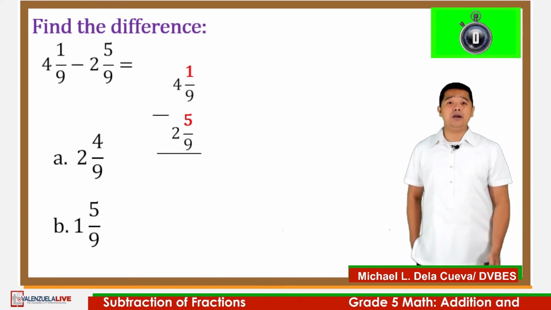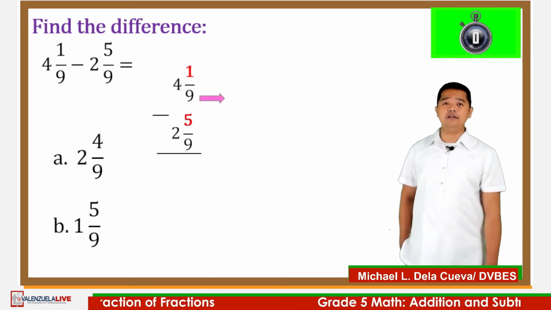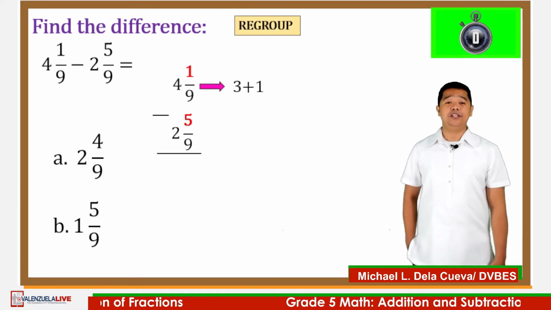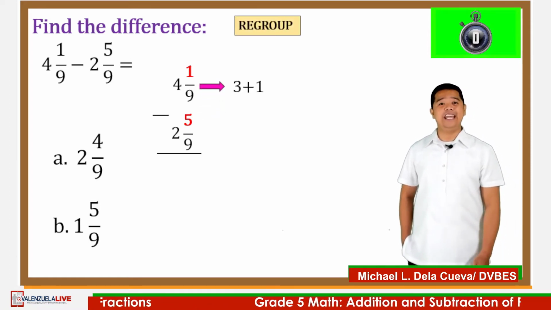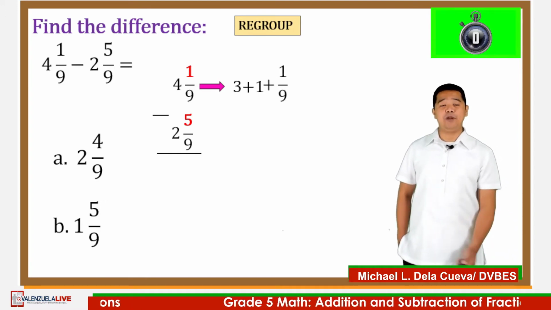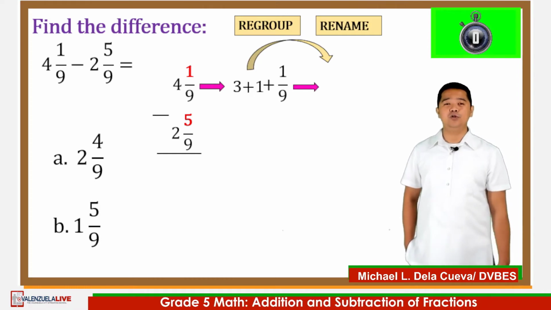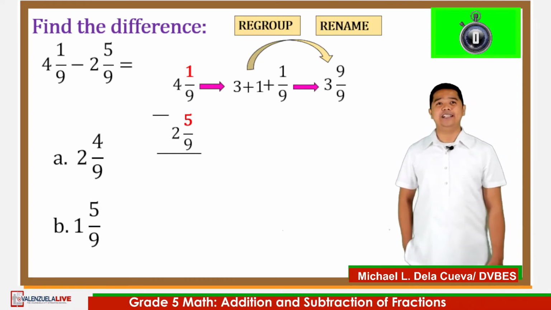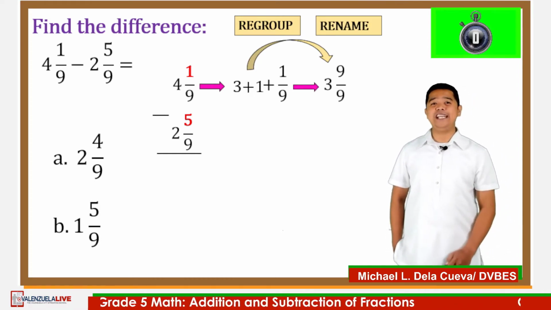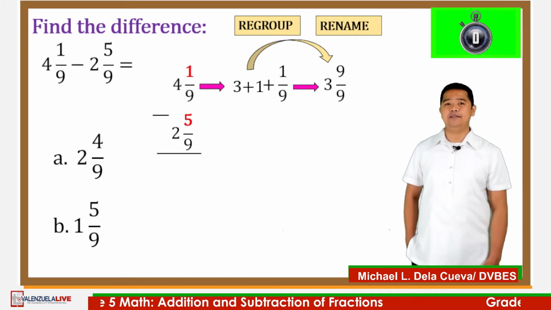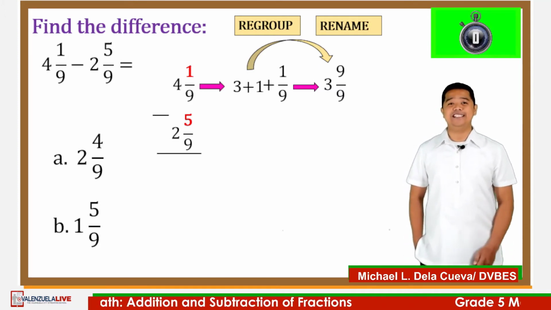So let us borrow or regroup 4 to 3 plus 1, and then again copy 1/9 and rename 3 plus 1 to 3 and 9/9. We use 9/9 because the denominator is 9.